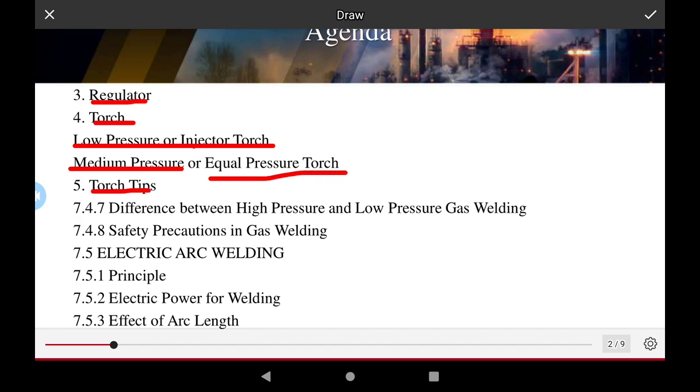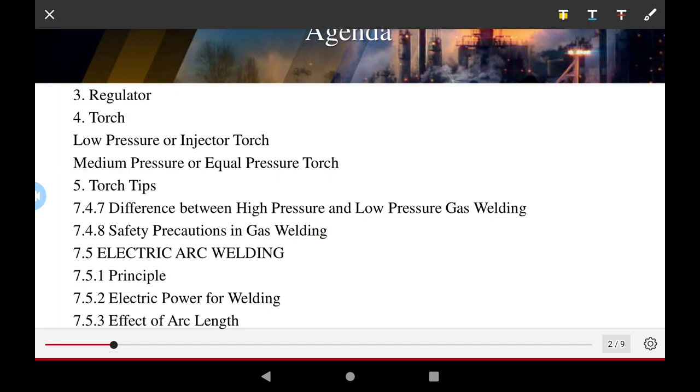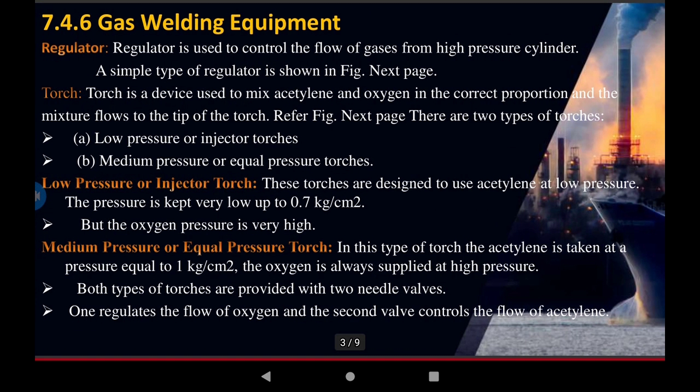The difference between high pressure and low pressure gas welding, safety protections of gas welding and electric arc welding, the most important electric arc welding principles, electric power for welding, and the effect of the arc length in gas welding.